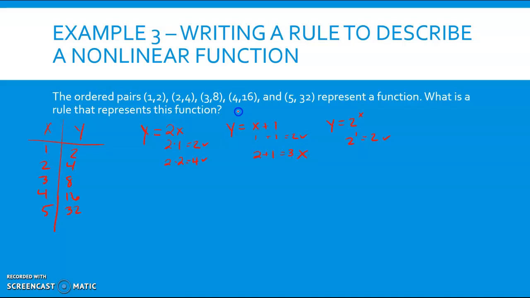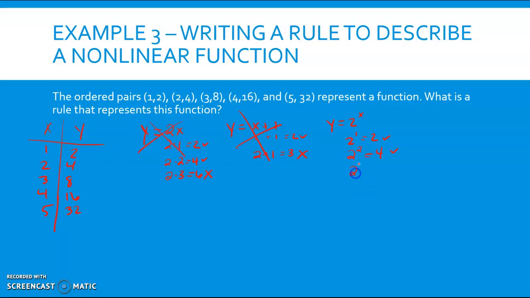That one does not work, so this one's not an option. If I do 2 squared, I'm now going to get 4. So far it's down to these 2. Now I'm going to do 2 times 3, because my x value is 3, and I get 6. That does not work. I'm trying to get 8, so that one is out.